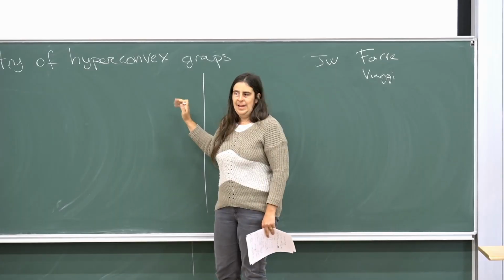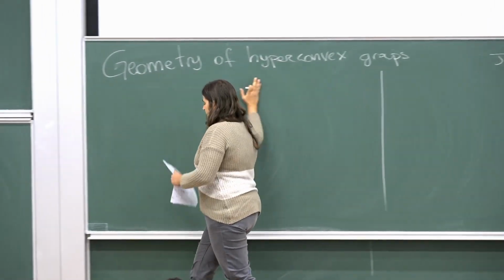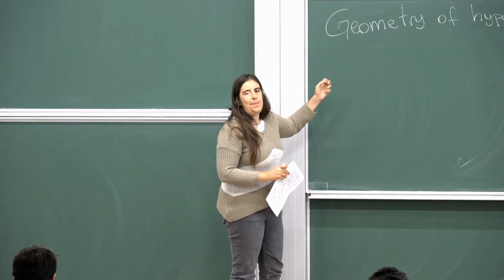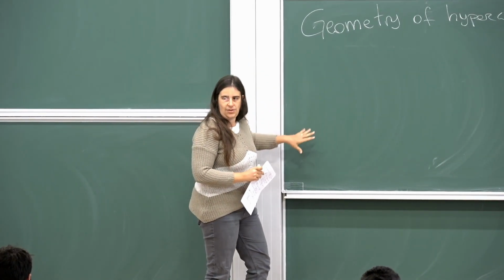And that's why I wanted to tell you about this here. Okay, so what will be hyperconvex subgroups? I want to tell you first roughly what they will be, and then we will get to some definitions later.